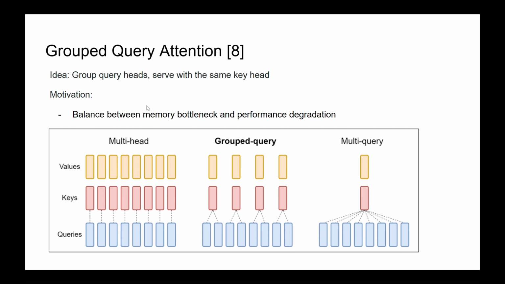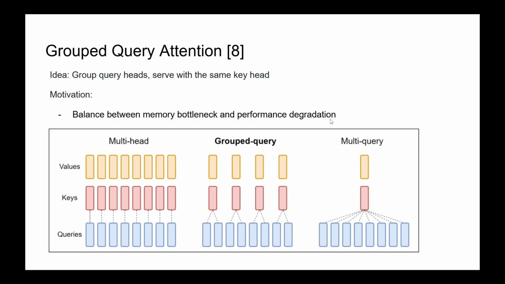So it's not a bottleneck. An extreme version of this would be, for example, if you have a lot of query heads, you will have only one key head that you're going to copy for each of the query heads, and you will have only one value head that you're going to copy for each of the query heads. But I think you can already see the problem. You reduce the number of parameters, and if you reduce the number of parameters, you will get performance degradation.